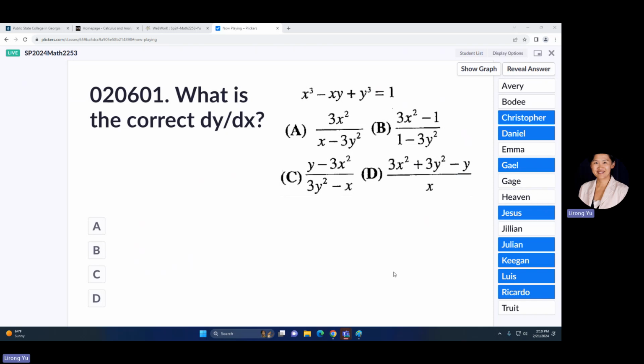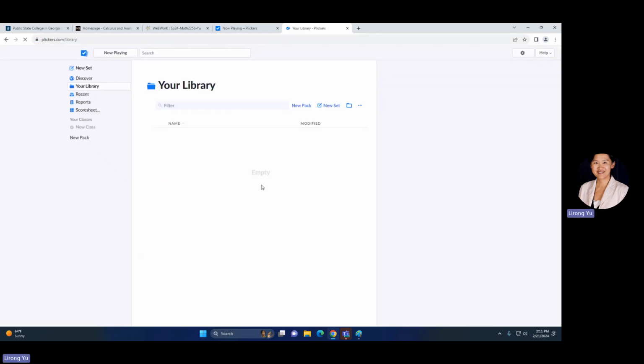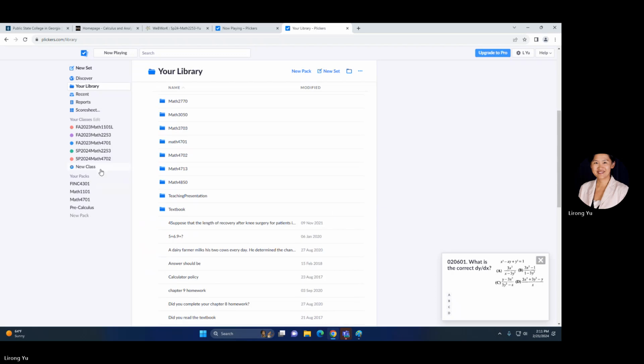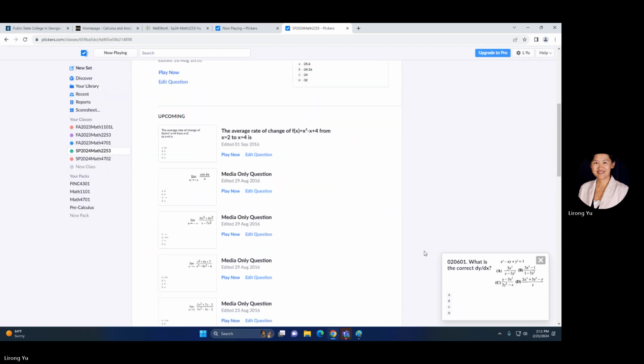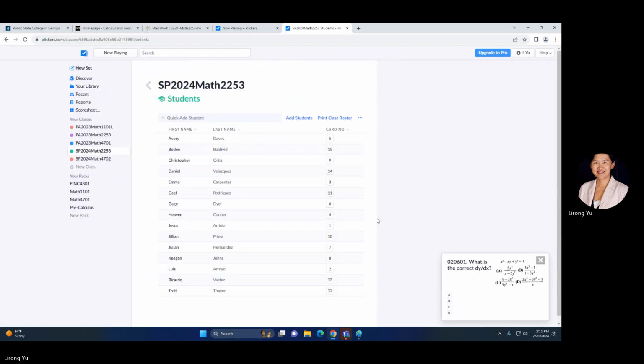You don't have your card? Okay. All right, let me find the image. Do you have your phone that takes pictures? I need the card number. Oh, okay.